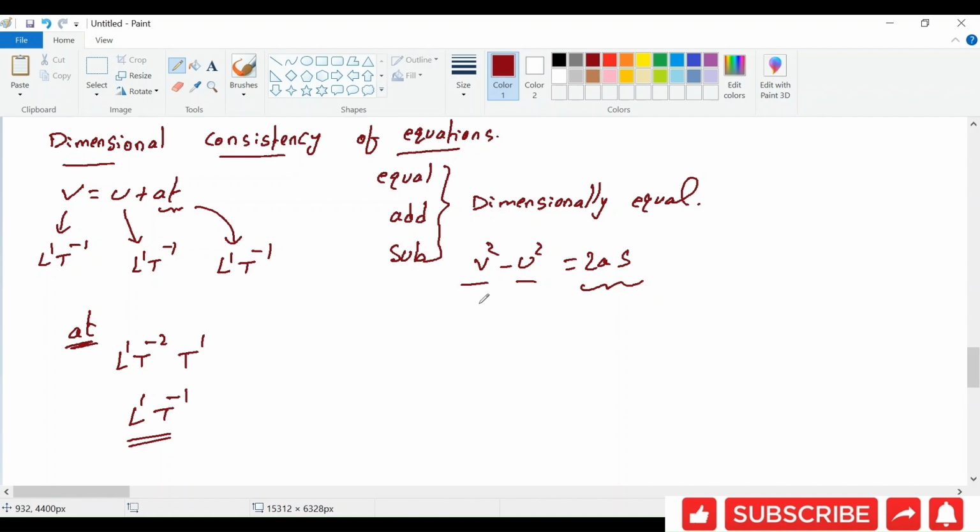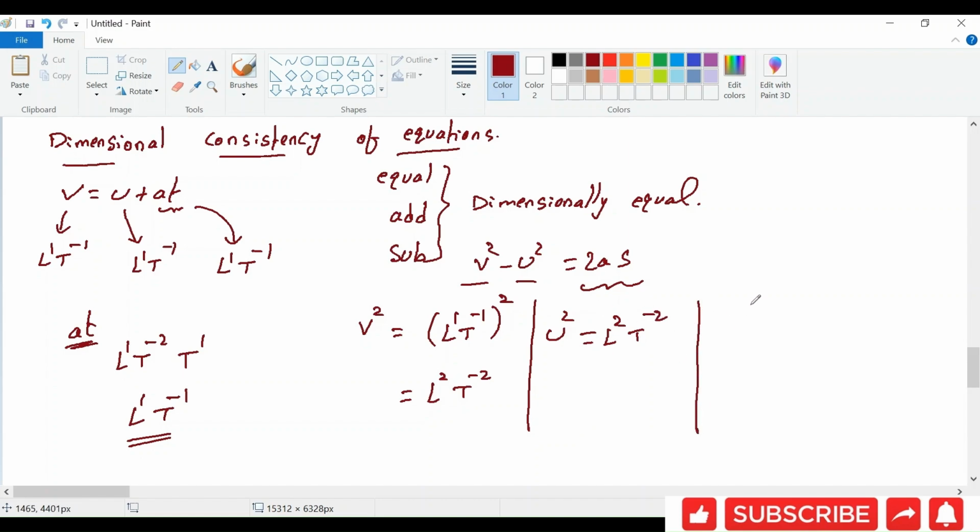Let's understand V square: L power 1 T power minus 1 whole square becomes L power 2 T power minus 2, and U square is the same, also L power 2 T power minus 2. See, dimensionally equal.